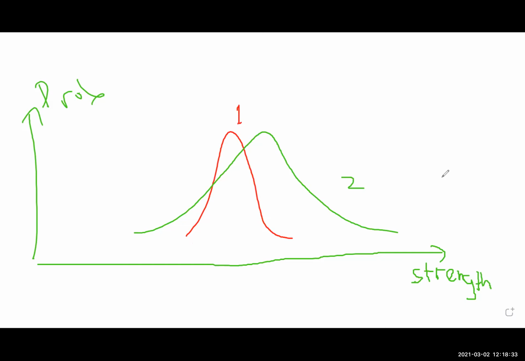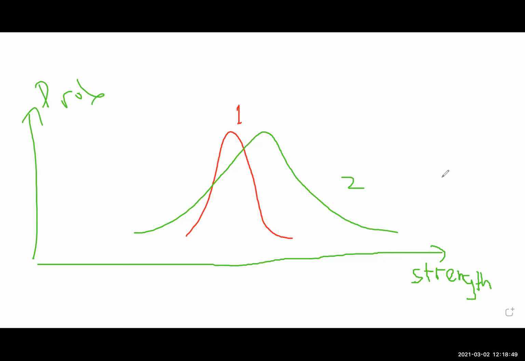I chose number 1. This is strength, and the y-axis is probability.